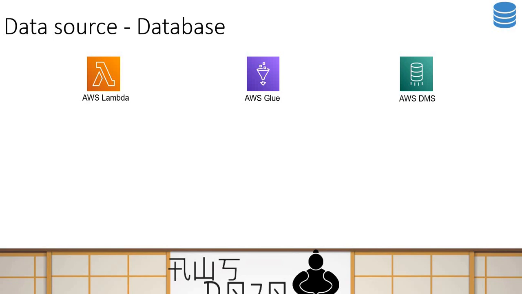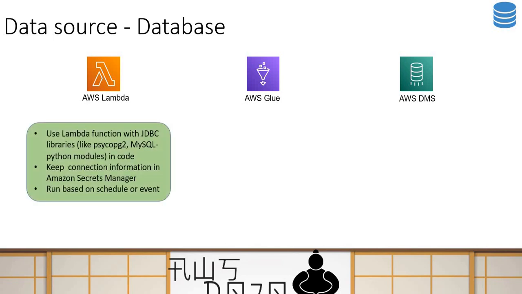Either use a Lambda function to do that. In the case of a Lambda function, you write Lambda function code using your JDBC libraries, like the example I gave here for Python, like psycopg2 or MySQL Python. These libraries you can use with your Lambda function.